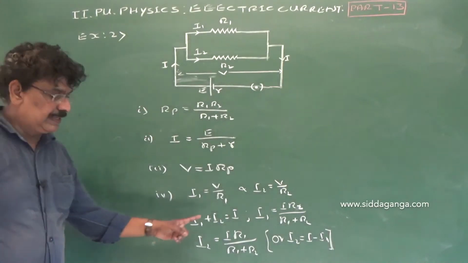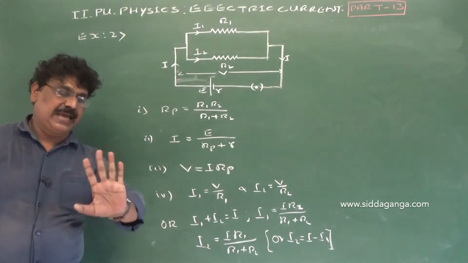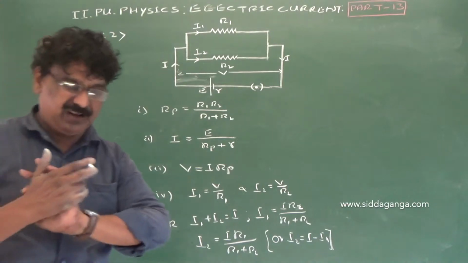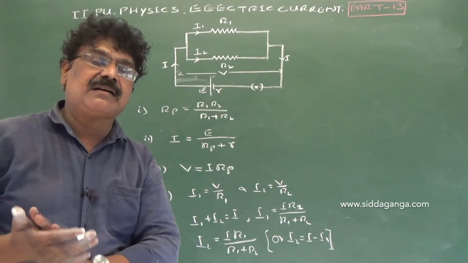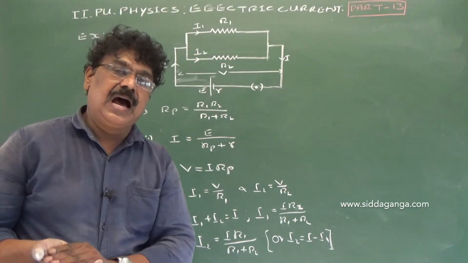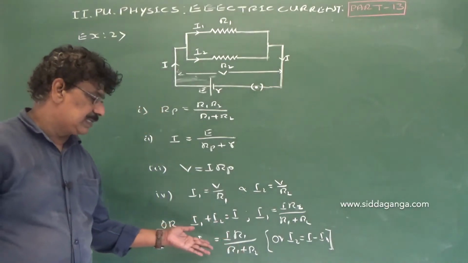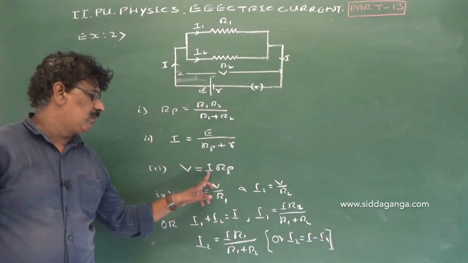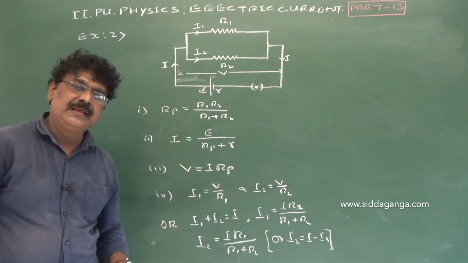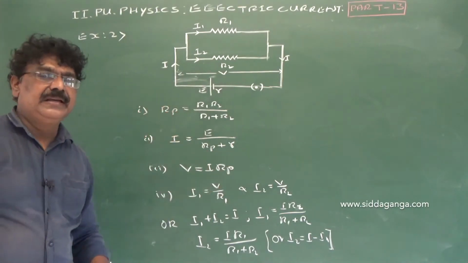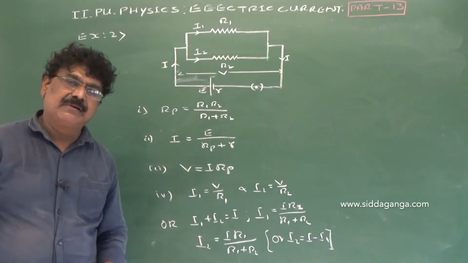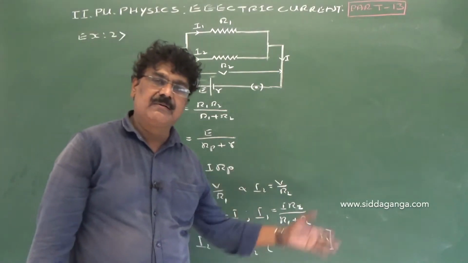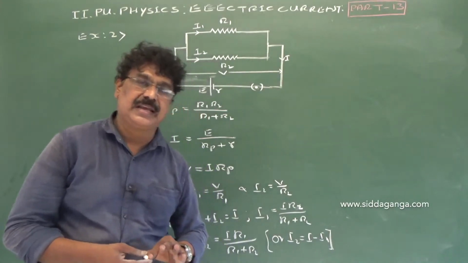But this branch current formula can be used only if two resistances are in parallel. Otherwise we cannot use this branch current formula. Then we can use V equal to I into Rp. Suppose three resistors are there, then I1 is equal to V by R1, I2 is equal to V by R2, I3 is equal to V by R3, etc.